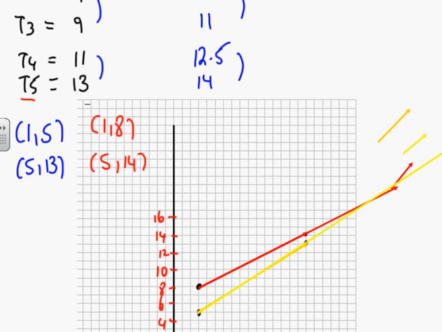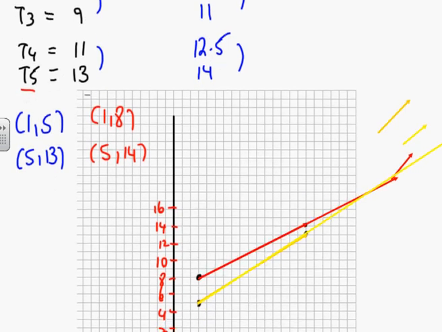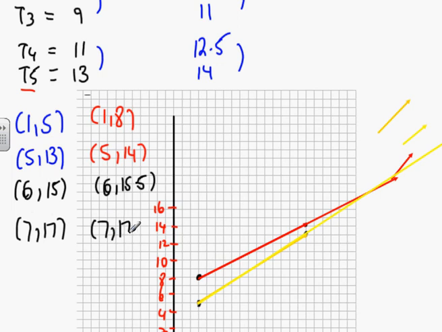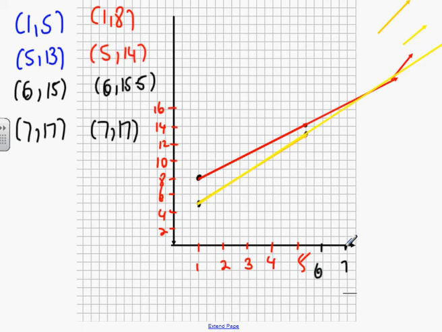So, what height is this plant in the next one? This one's 6, 15 and a half. This one is 6, 15. And then 7, 17 and 7, 17. 7, 17 should be the answer. So 7 here and roughly 17 here.